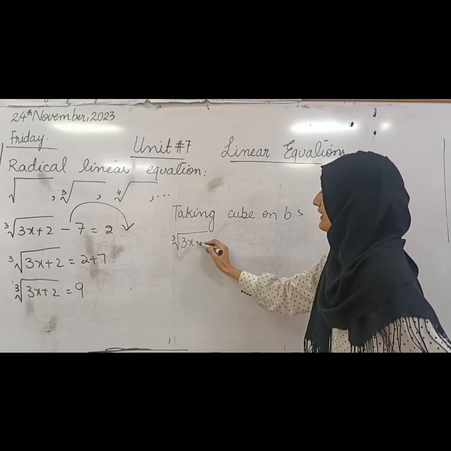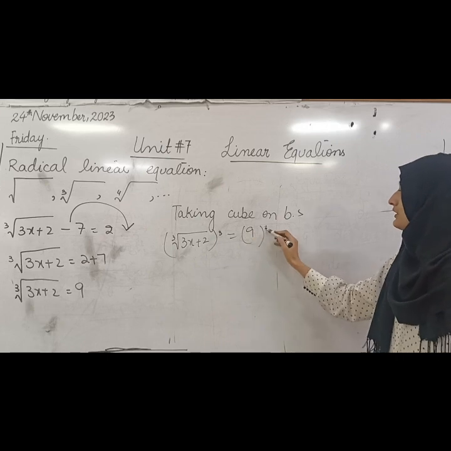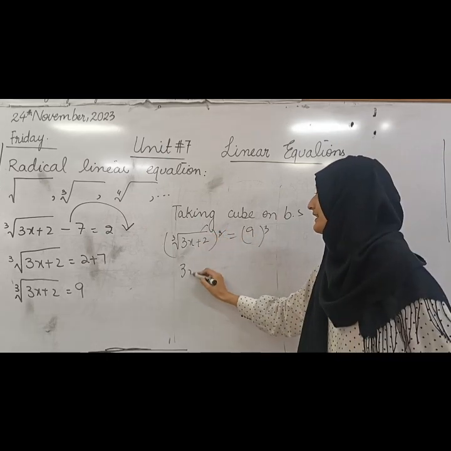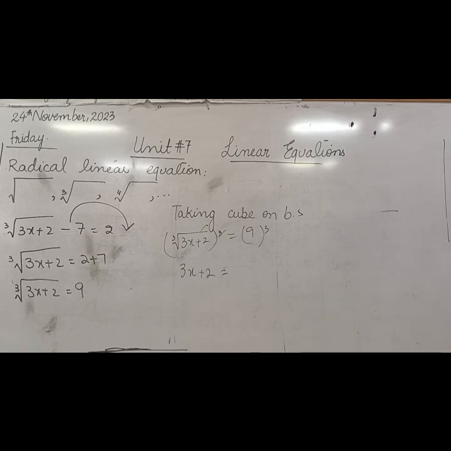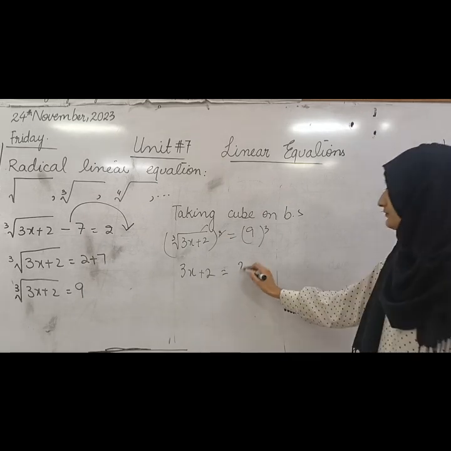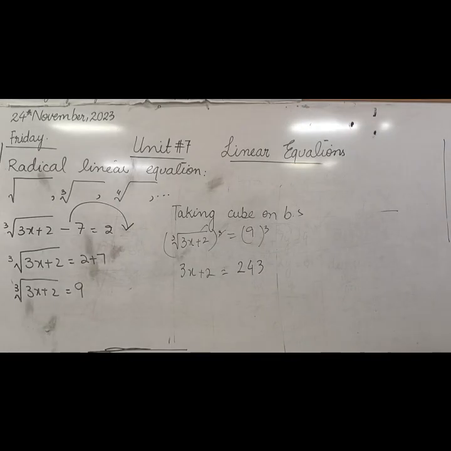Cube root of 3x plus 2 whole cube is equal to 9 cube. This will be cancelled. 3x plus 2 is equal to the cube of 9, which is 243? Let me check whether it is true or not, that the cube of 9 is 243.